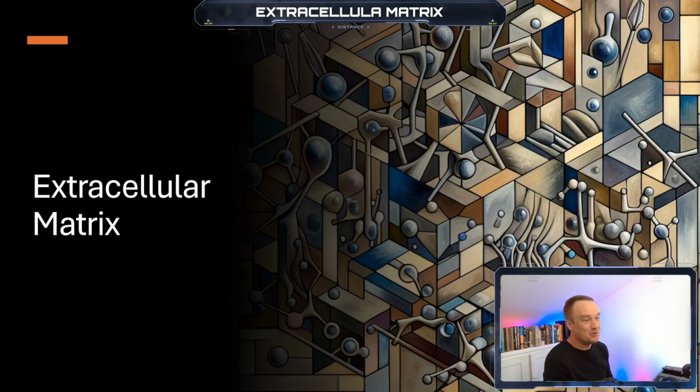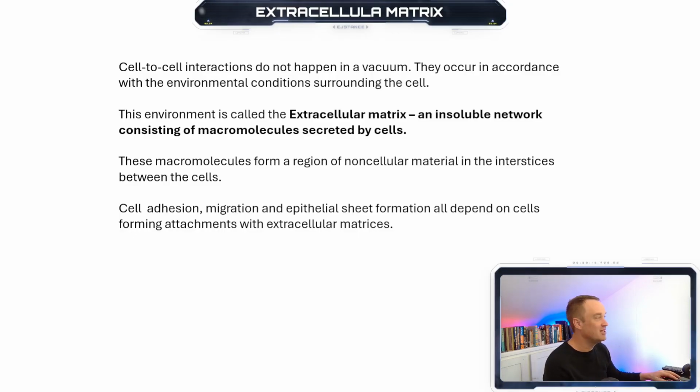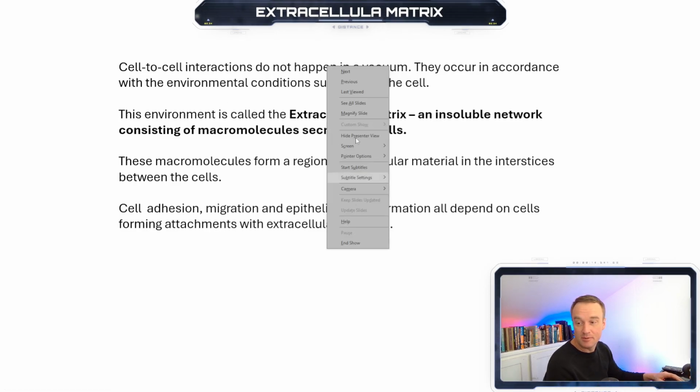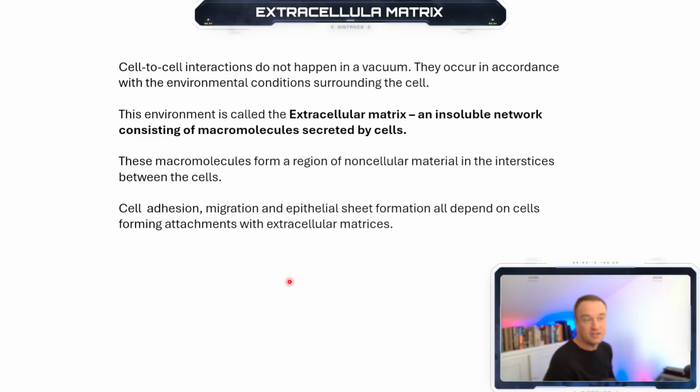Anyways, let's go. Like I said, cell-to-cell interactions don't happen in a vacuum. They occur in accordance with environmental conditions surrounding the cell. So this is the extracellular matrix, which is this network of macromolecules secreted by the cell.